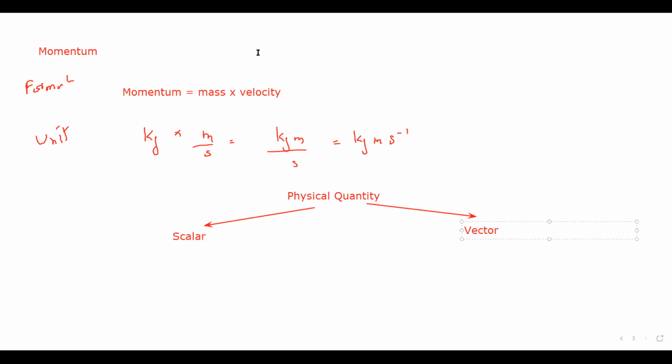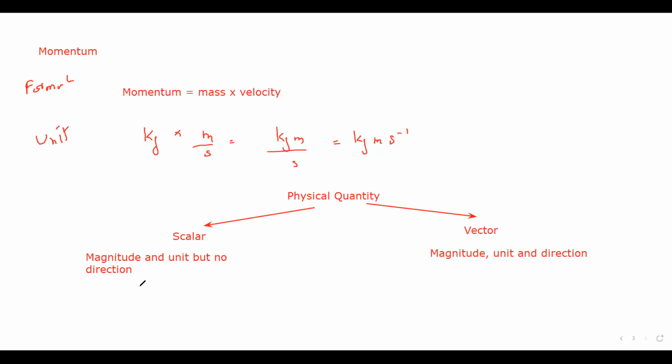A scalar quantity means it has a magnitude and unit but no direction. Whereas a vector quantity is completely represented by a magnitude, unit and direction. So when we represent a quantity by all the three parameters, we call that a vector.